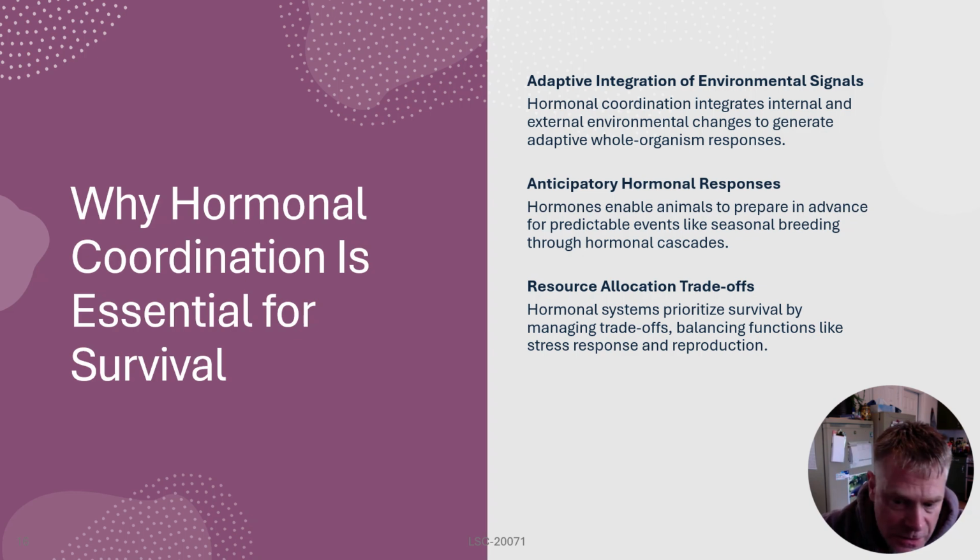Survival is an important component of ecological fitness, and these hormones are not only involved in survival, they're also involved in reproduction, which is the other major component of fitness. So taken together, hormones are really important for animals to optimize their fitness, because it affects both survival and reproduction.